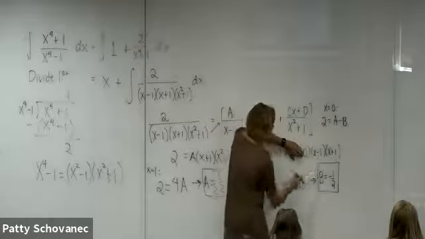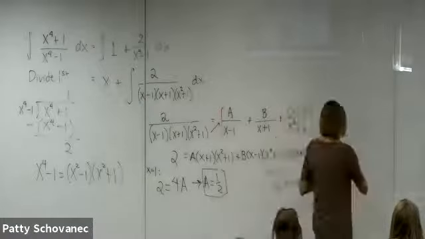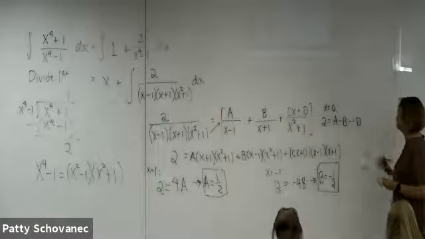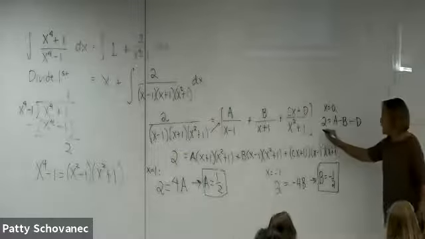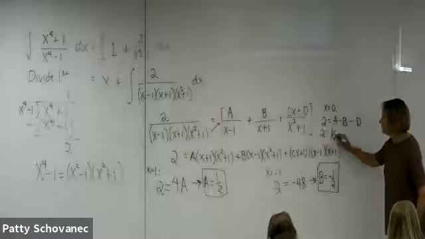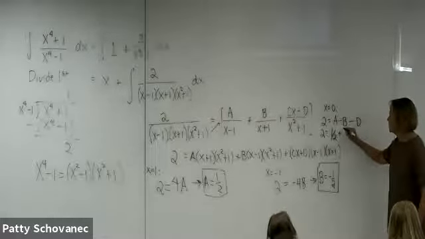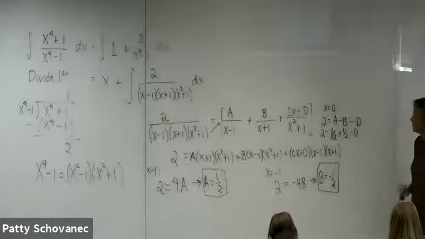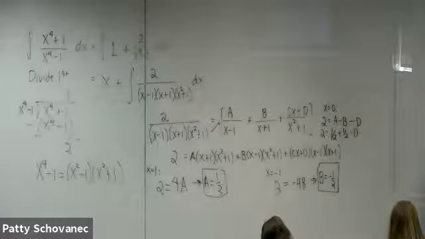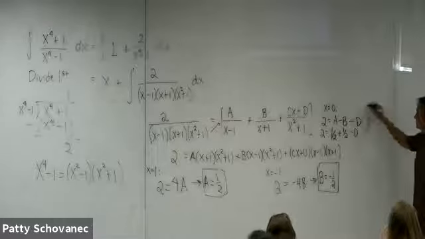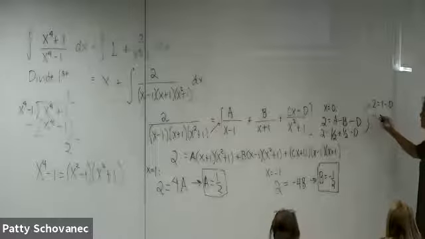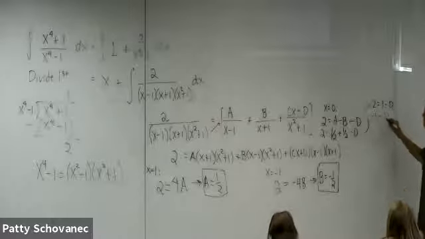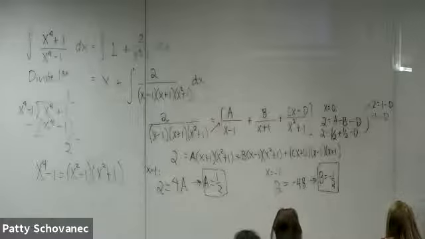And D is going to be multiplied by -1, so minus D. And we have A and B. A is a half, B is -1/2. So 2 is equal to 1 minus D. So D is -1.